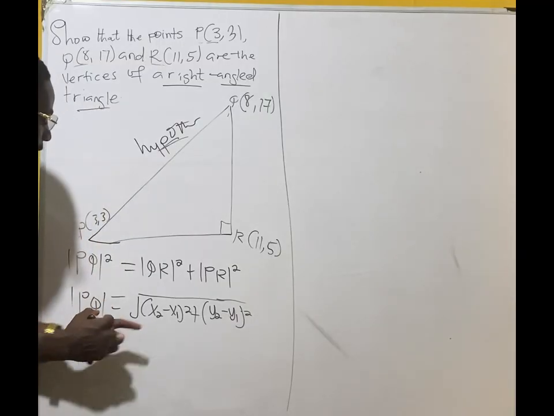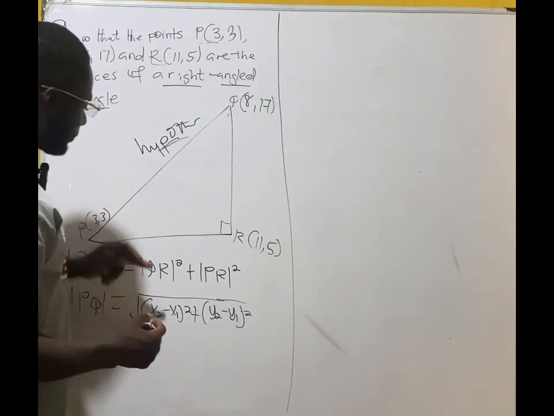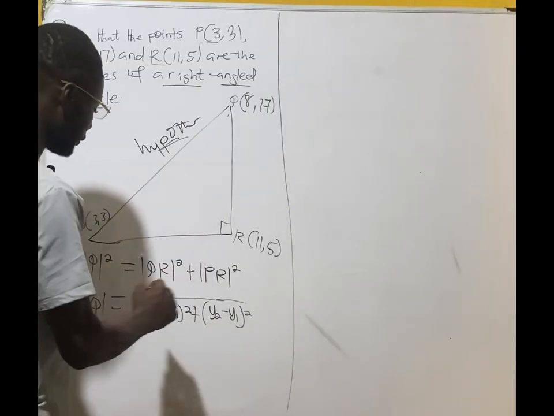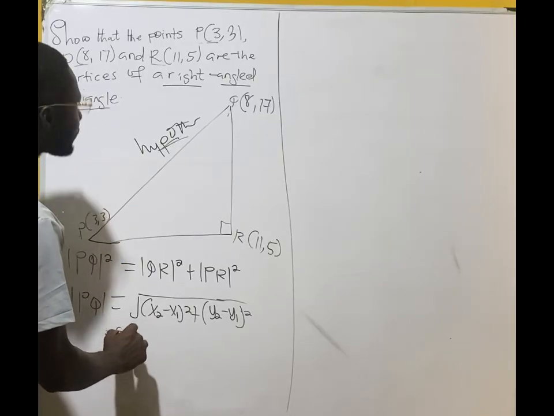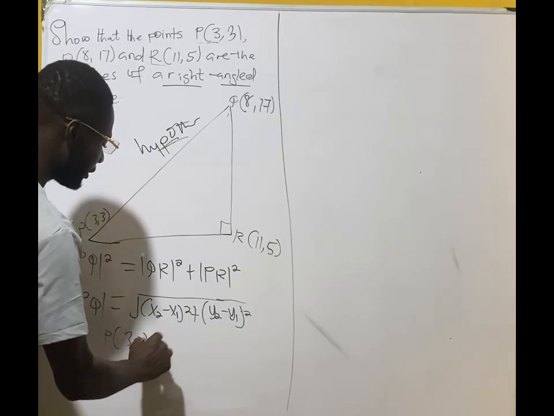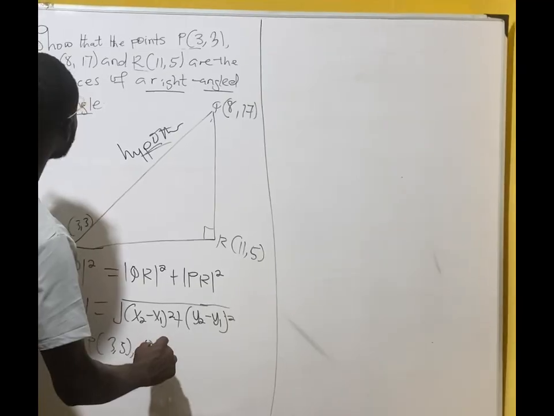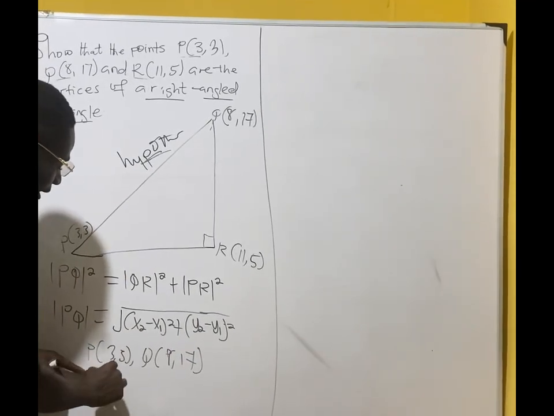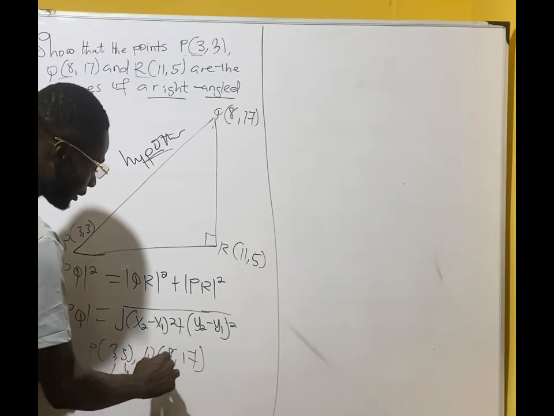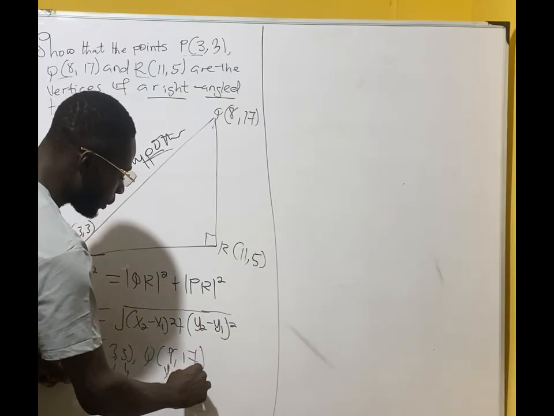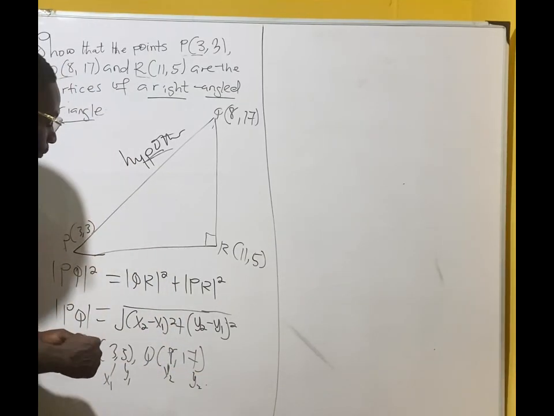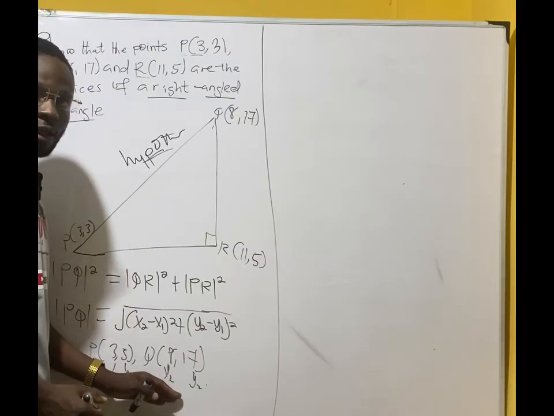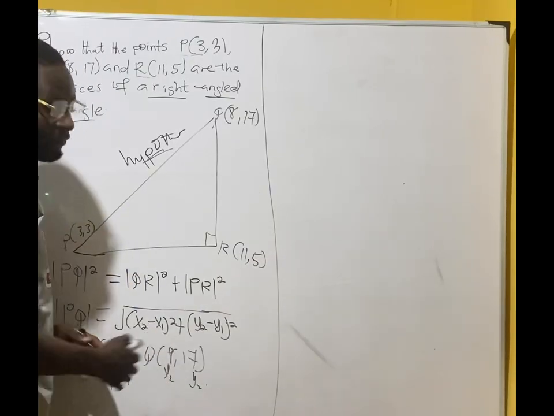We know the coordinates for P and Q: P is (3, 3) and Q is (8, 17), so this is x1, y1, x2, y2.